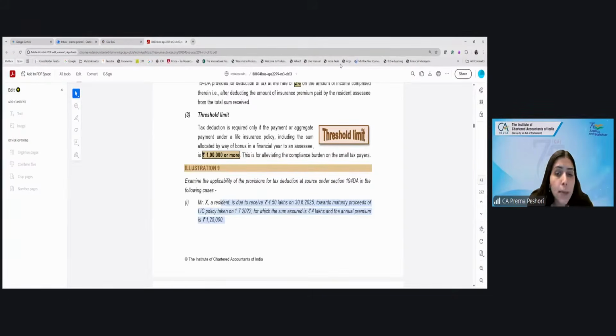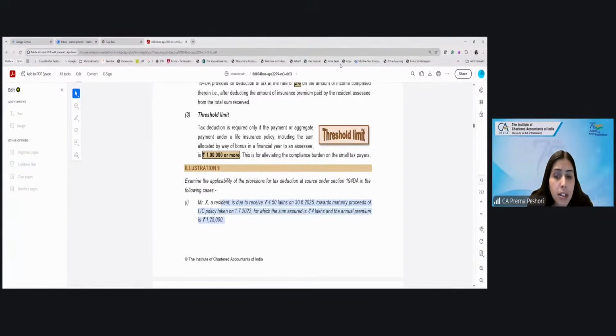So when will it not be exempt? When the annual premium exceeds 10% of the sum assured. What is the annual premium here? 1,25,000. What is the sum assured? 4.5 lakh. Here the annual premium is more than 10%, and therefore, the maturity proceeds will not be exempt under 10(10D).